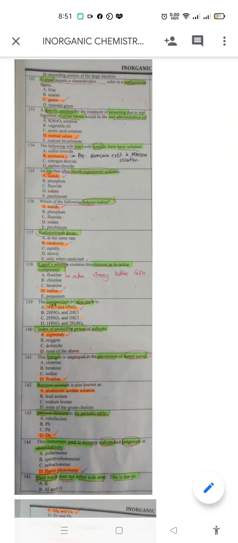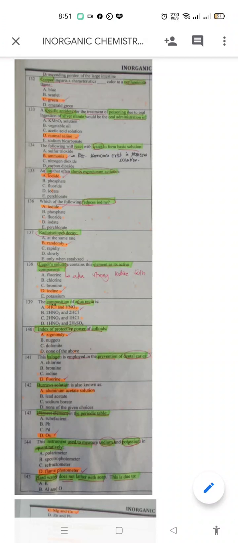Number 135. An ion that often shows expectorant action is your iodide. So, all ions of iodine are used as expectorant.